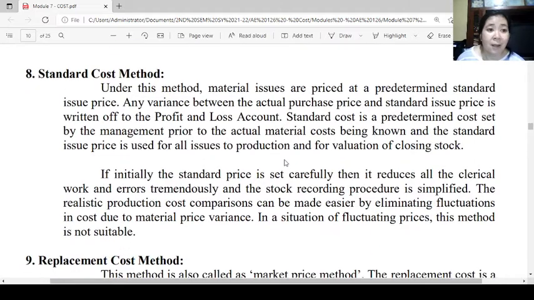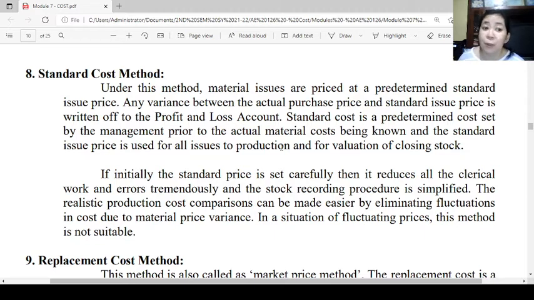Number 8 is the standard cost method. Under this method, material issues are priced at a predetermined standard issue price. Any difference between actual price and standard price is written off in our profit or loss account. The standard cost is a predetermined cost, meaning the entity has already identified the unit cost to be used.